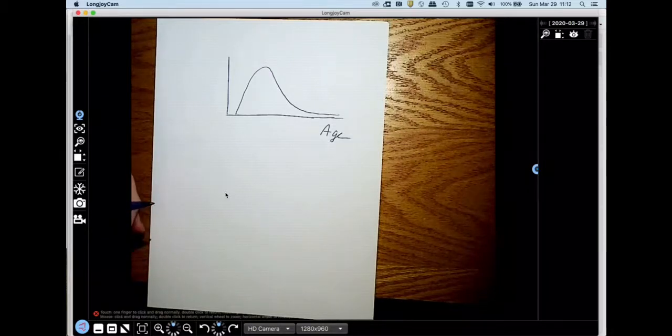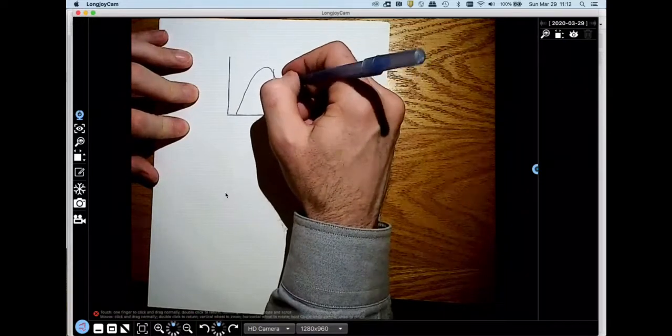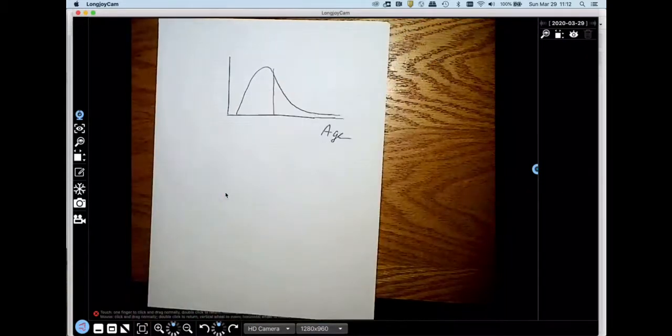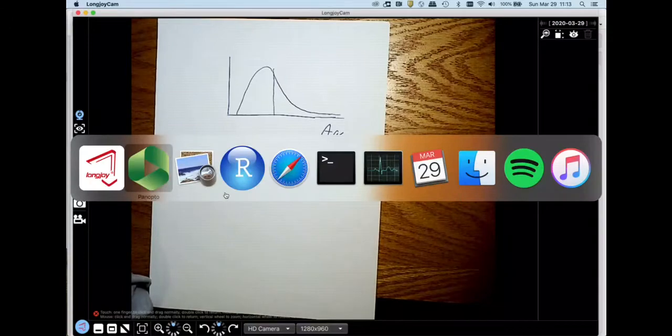So often statistics textbook authors use the term typical value. Where is the center or the typical age of someone in this distribution? And so we're going to start out by going over these measures of the middle, if you will. Then we're going to talk about measures of dispersion, which is, how homogeneous or heterogeneous is this population. All right, let's get into it.